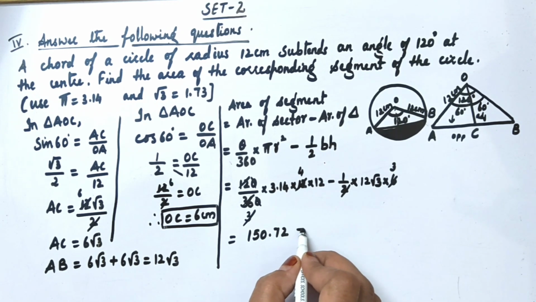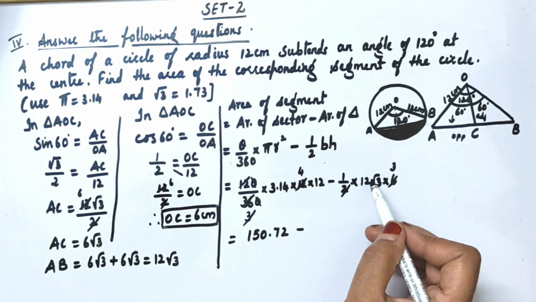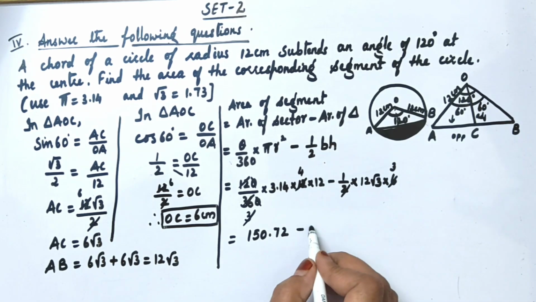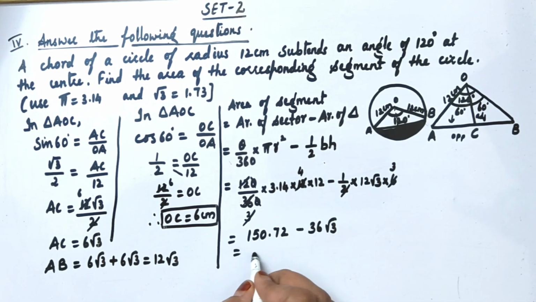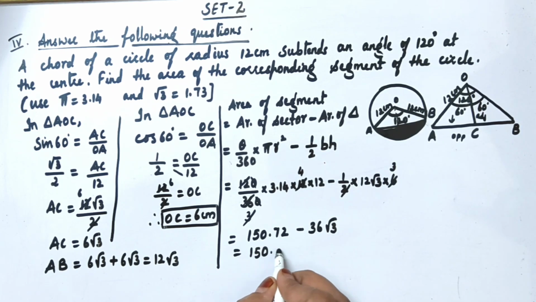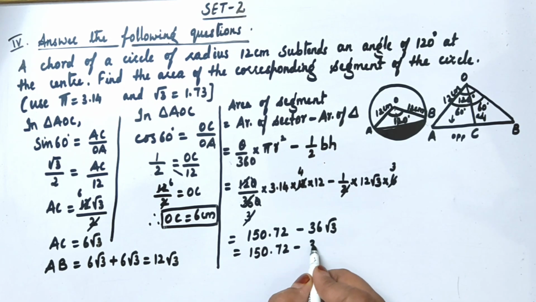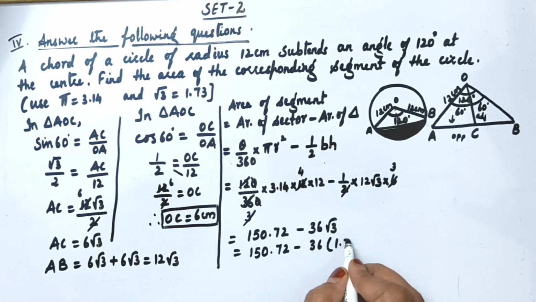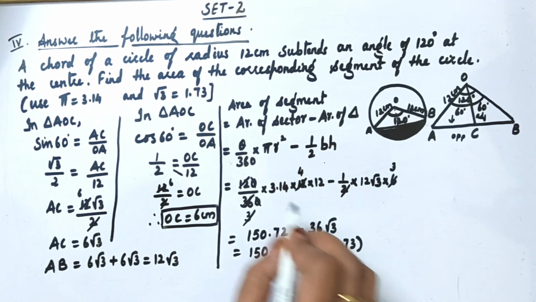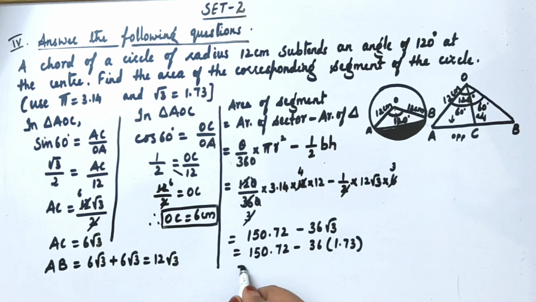I am going to get 150.72 minus, now when I multiply this, 12 threes are 36 root 3, equals 150.72 minus 36 into 1.73. The value of root 3 is given as 1.73.